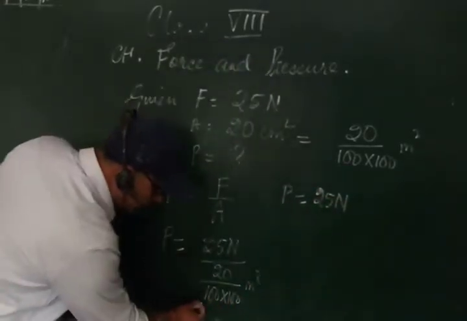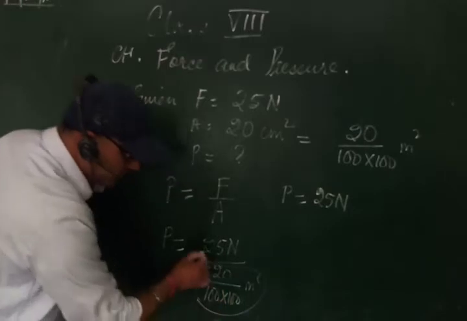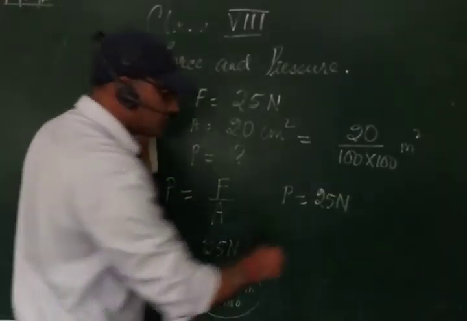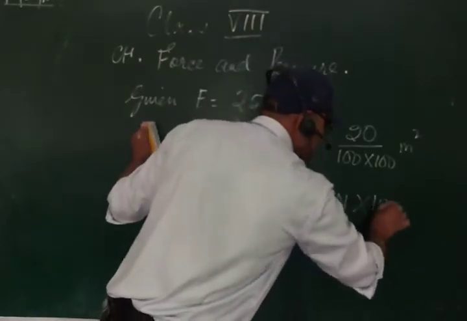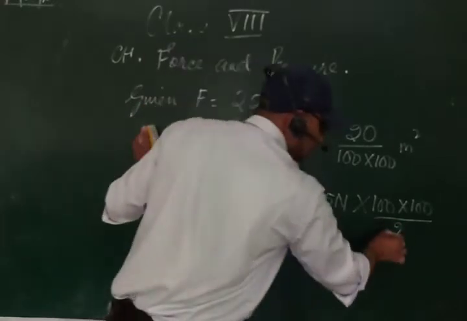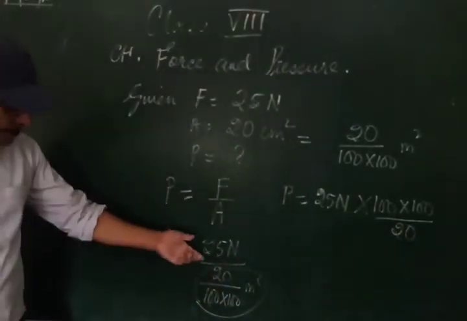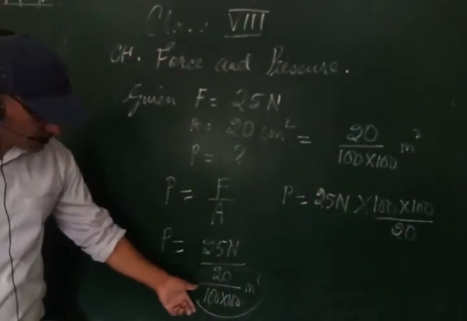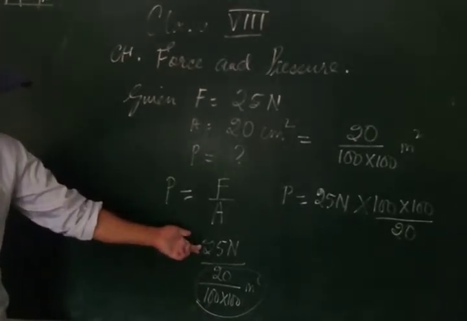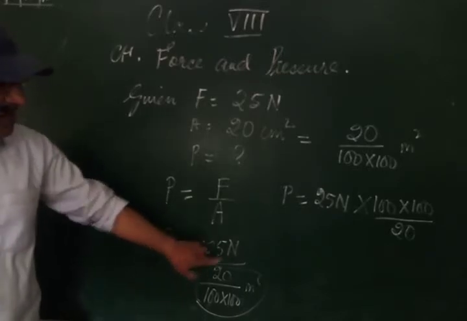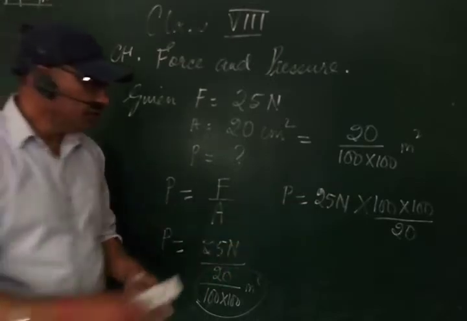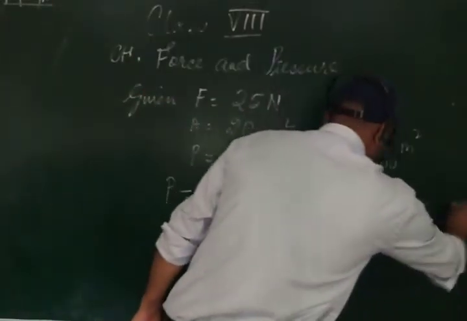Now, since there is a fraction over here, 20 upon 100 into 100, we write it in the form of reciprocal: 25 Newton into 100 into 100 upon 20. Because 25 has been divided by 20 upon 100 into 100, and a fraction cannot divide a whole number, in that case we change the division sign into a multiplication sign and write the reciprocal. Clear? So this is meter square.